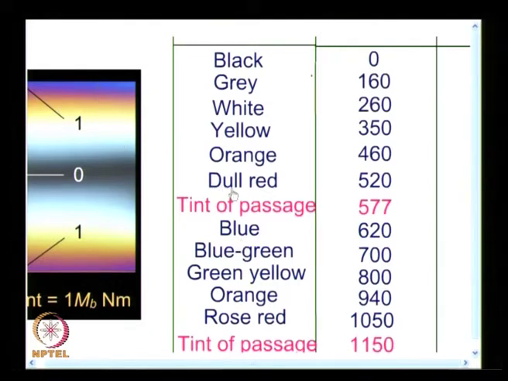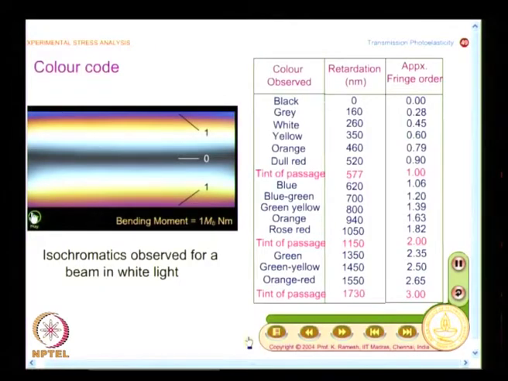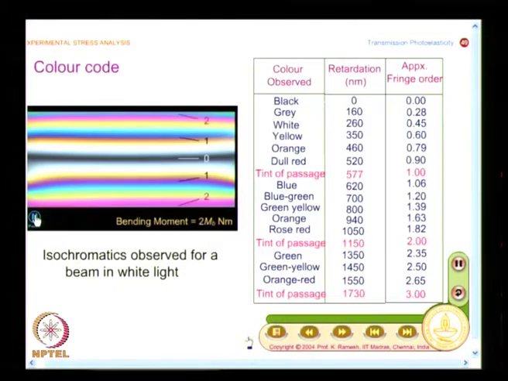My interest is to show you what is the difference between fringe order 1 and fringe order 2. We will see the fringe order 2 here, fringe order 2 here, and this is fringe order 1. Before I magnify, you look at here, I will have a blue, blue green, green yellow, orange, and this is labeled as rose red.